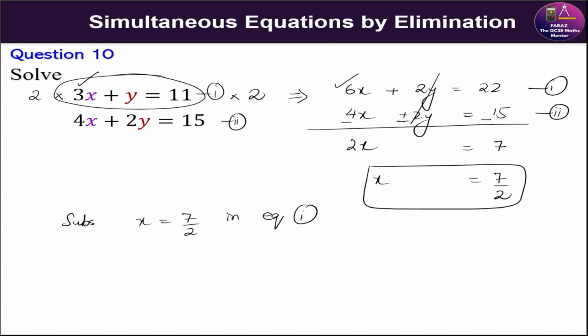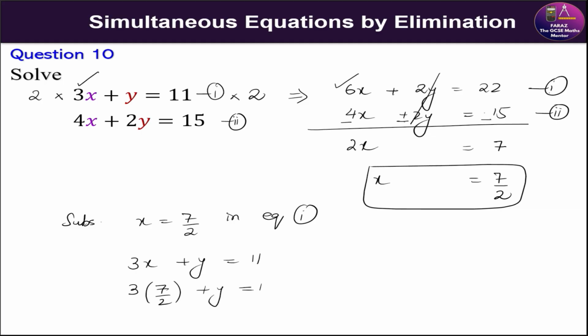I mean this whole equation or this whole equation, both are appropriate. So let's substitute this x equals to 7 over 2 in this equation, equation number 1, which was in the original form. So 3x plus y equal 11, and 3 replace x by 7 over 2 plus y equal 11.